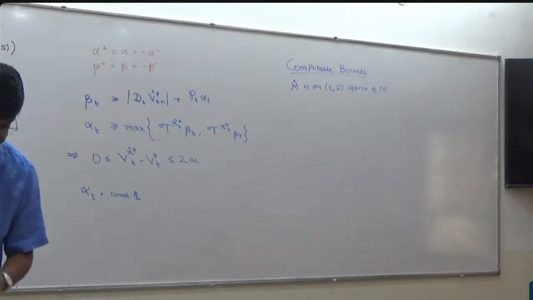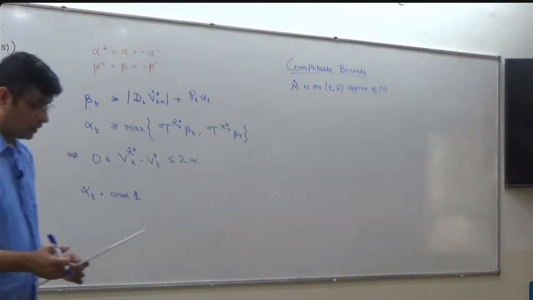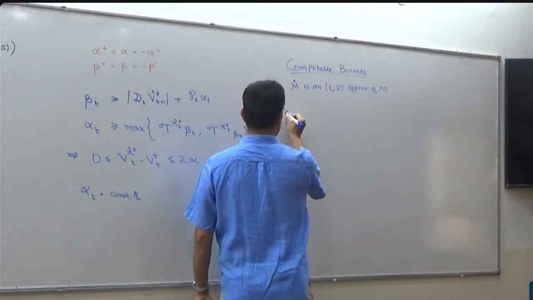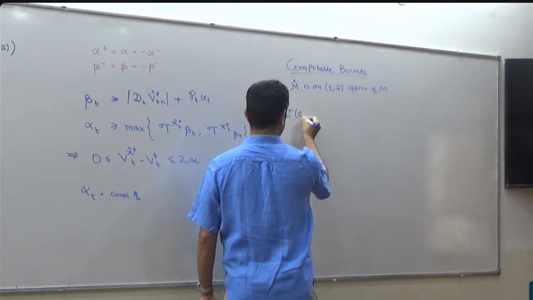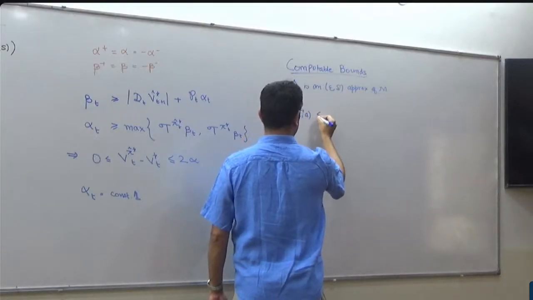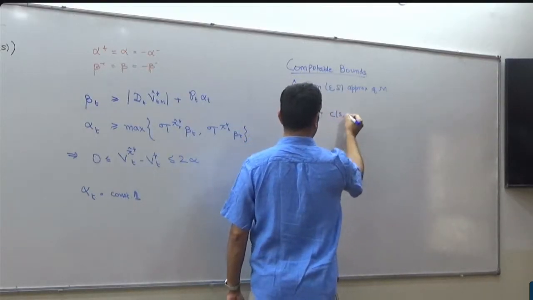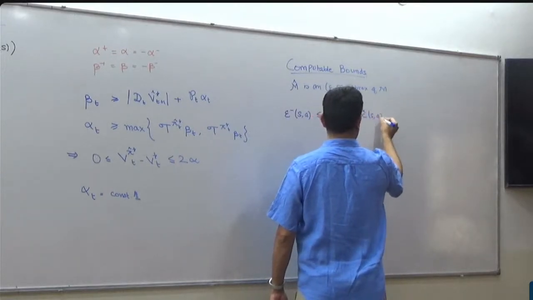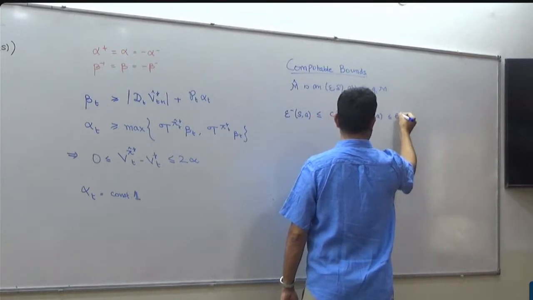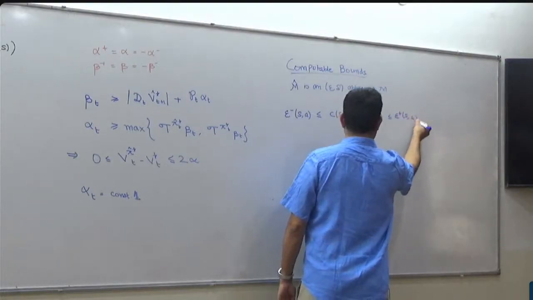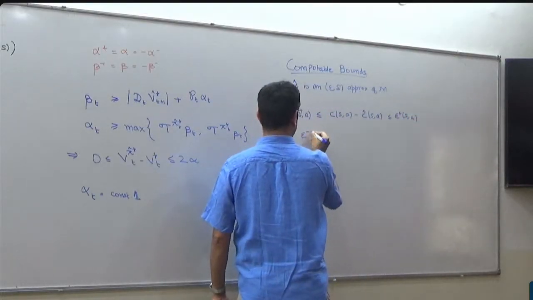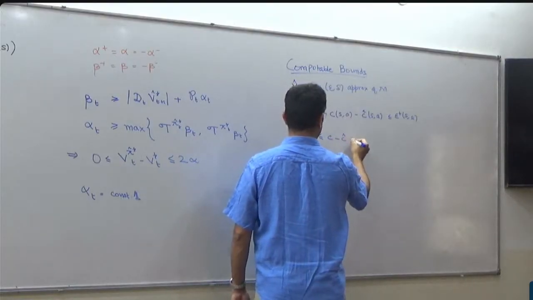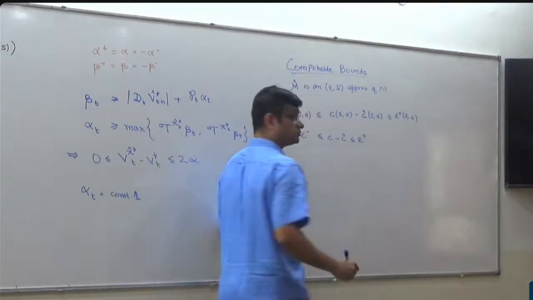So, I am going to say I have a lower bound epsilon minus of S and A, which is less than or equal to C of S and A minus C hat of S and A, which is less than or equal to epsilon plus of S and A. And I am going to write this compactly as epsilon minus is less than or equal to C minus C hat is less than or equal to epsilon plus.